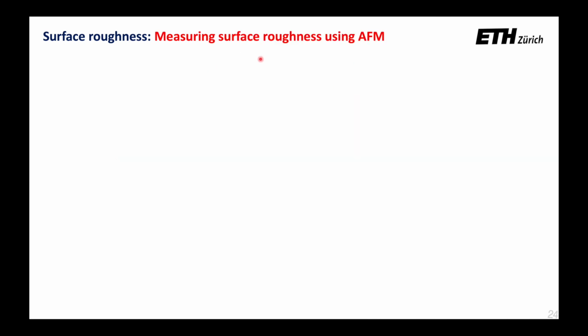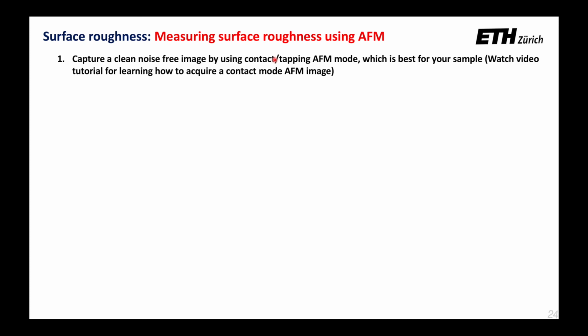So how do we measure the surface roughness using AFM? It's quite straightforward. First, capture a clean, noise-free image using contact or tapping mode AFM, depending upon which suits your sample best. I hope you watched the video on how to acquire a contact mode AFM image.